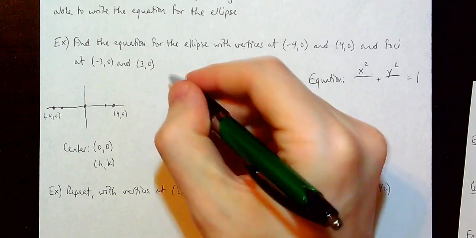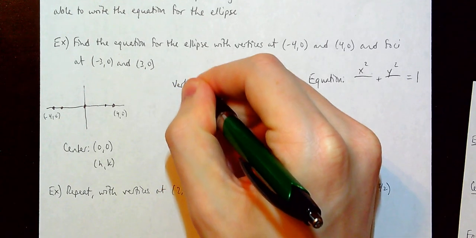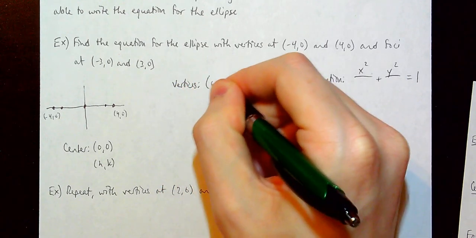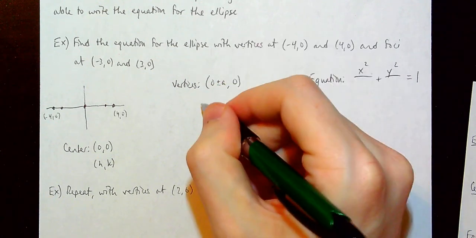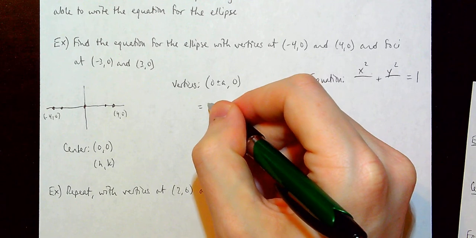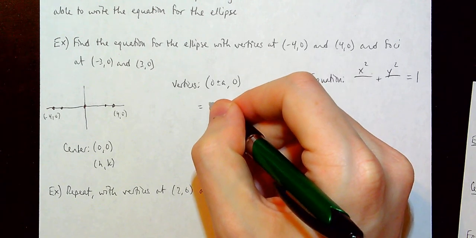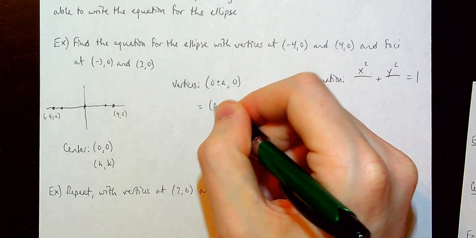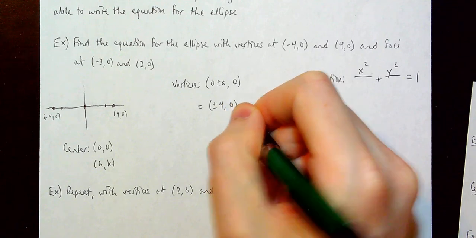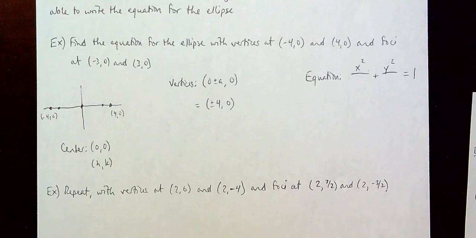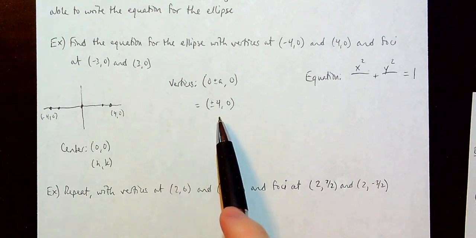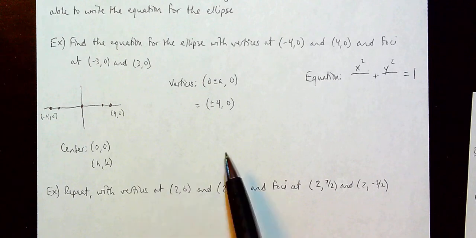So the vertices are of the form 0 plus or minus a, comma 0. And these have to equal plus or minus 4, comma 0, because that's where our vertices are. We have one vertex at minus 4, comma 0, and another at plus 4, comma 0.